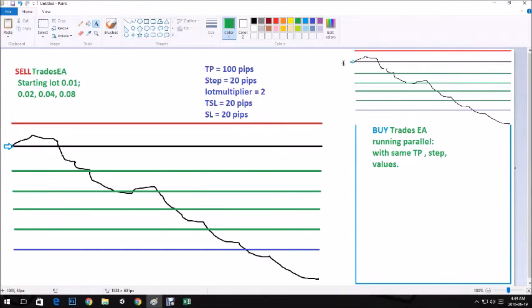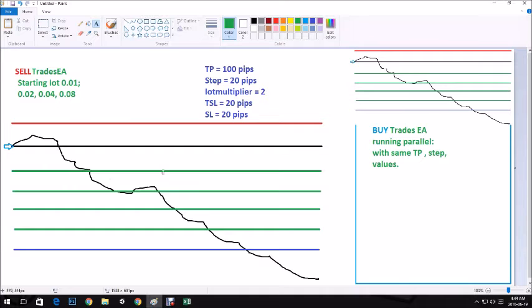Don't worry about this part here. It also increases its lot sizes by this lot multiplier. You can change this lot multiplier according to your need, but for now we'll keep it at 2.